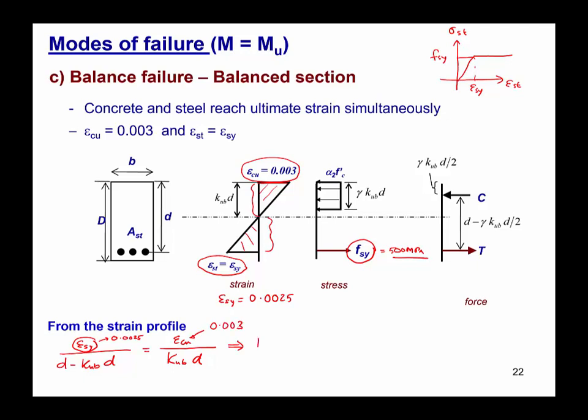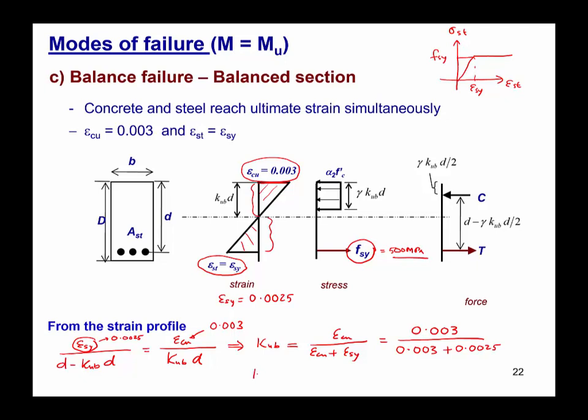So we can find the neutral axis depth parameter kub for the balance failure mode just by rearranging the equation. We can find it as epsilon cu divided by epsilon cu plus epsilon sy, where epsilon cu is the crushing strain of the concrete, which is 0.003, plus the yield strain in the steel, 0.0025.